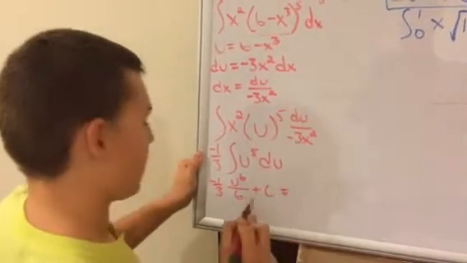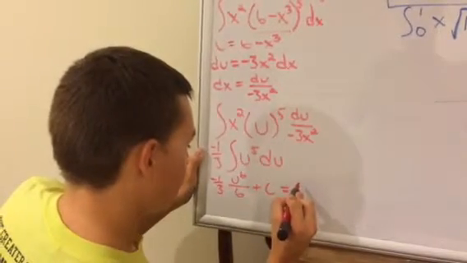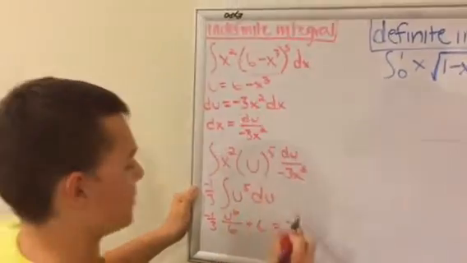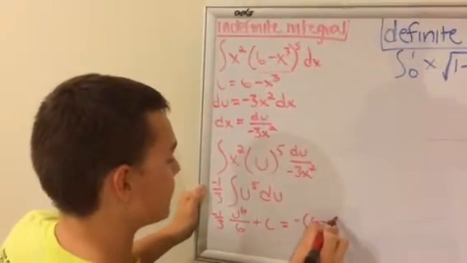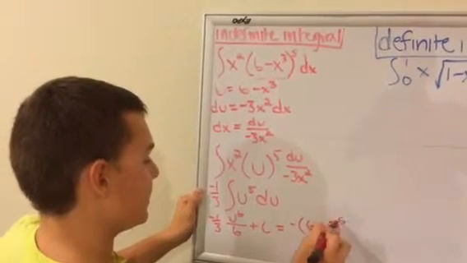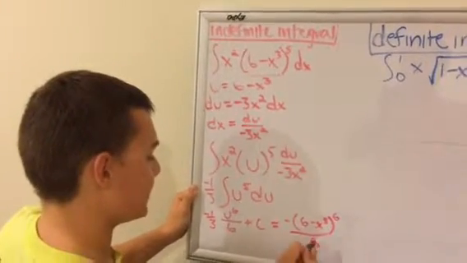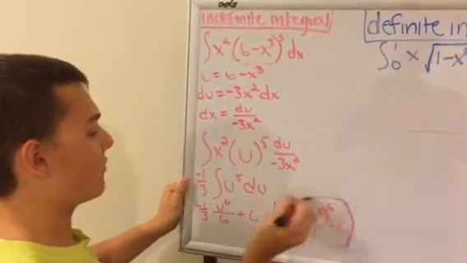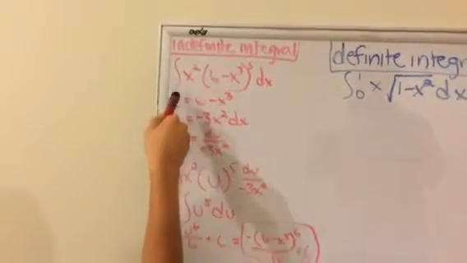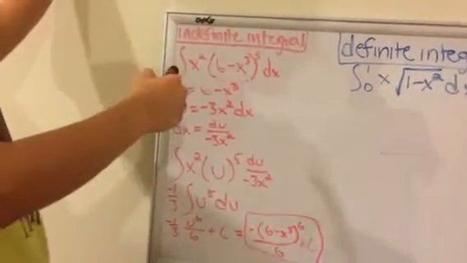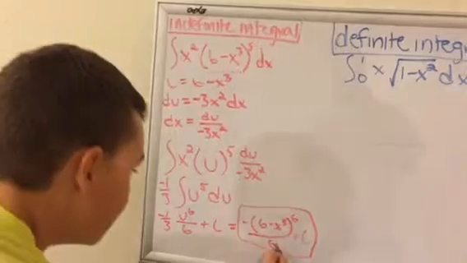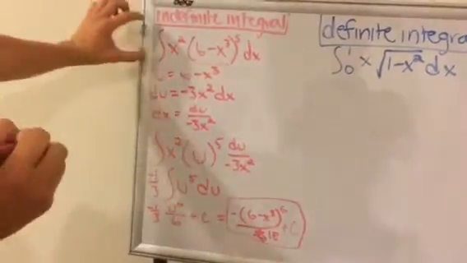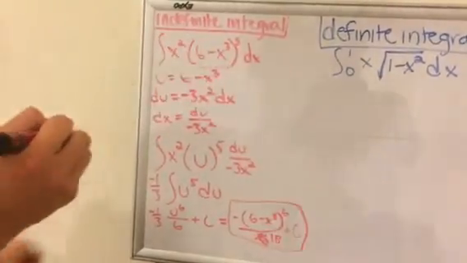So our integral is negative, back to our u, which is 6 minus x cubed, to the sixth power divided by 18, plus c. Oh, that would be 18, not 6. That's our final integral of this function.